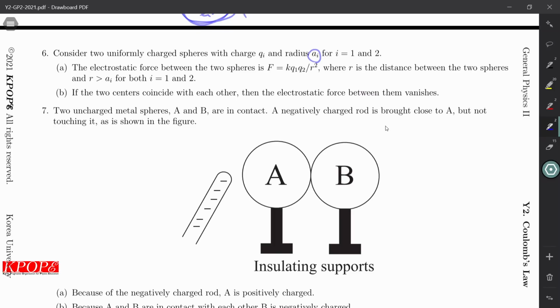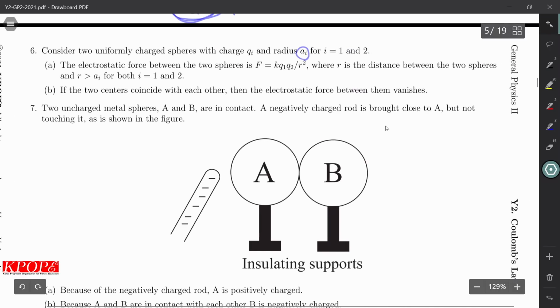A. The electrostatic force between the two spheres is k Q1 Q2 over R squared, where R is the distance between the two spheres. That's fine.